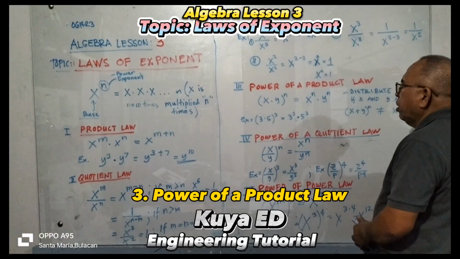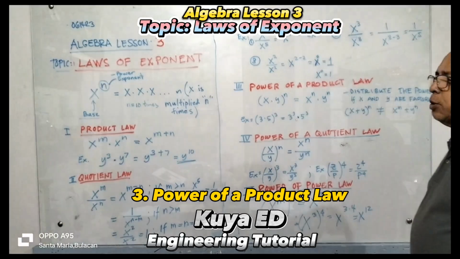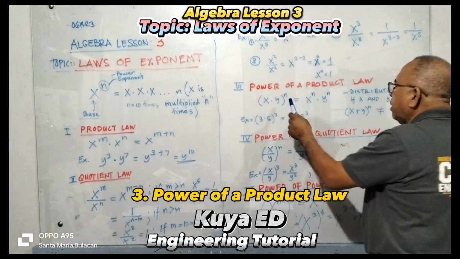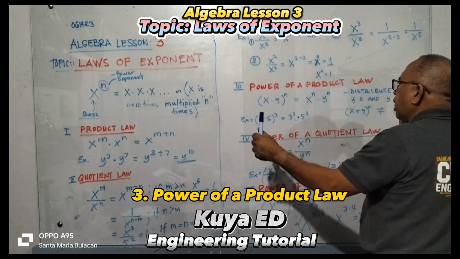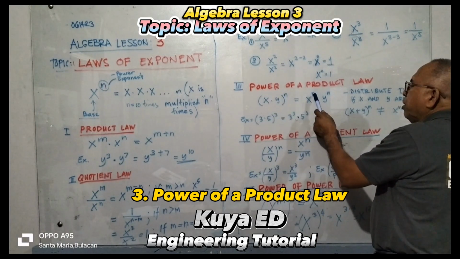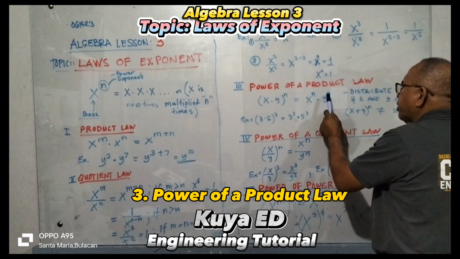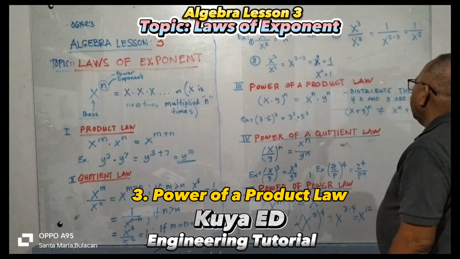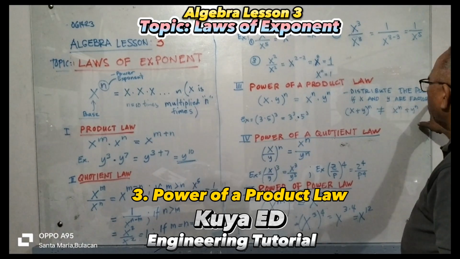Minultiply mo, tapos iisa lang ang kanilang exponent. So, n. That's why ito siya pwede mong ipaghatiin as a factor and then carried nila yung exponent. So, x to the n times y to the n. Now, distribute the power if x and y are factors.